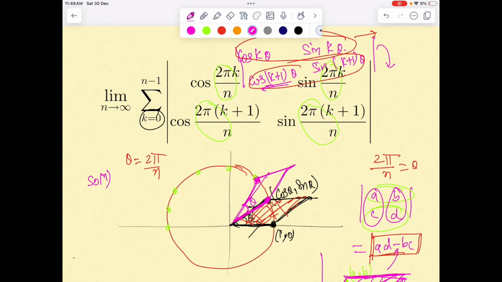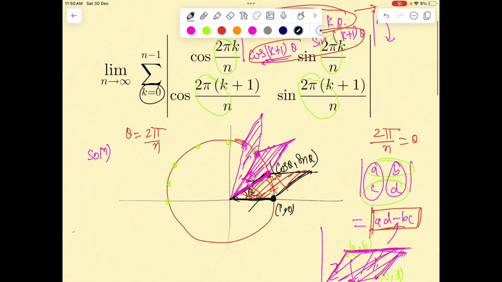So we'll draw another parallelogram and we'll have this area for k equals 1. Similarly for k equals 2, we'll get another parallelogram and we'll calculate this area, and so on and so forth. Now you can clearly see in the limiting case, when k equals n minus 1, we'll get exactly the parallelogram over here.